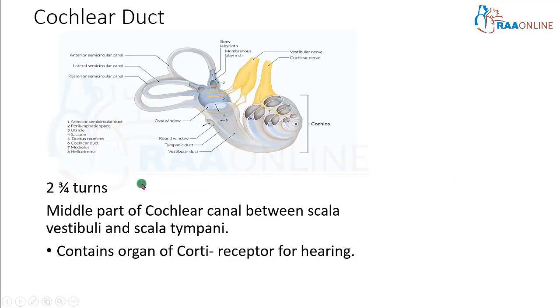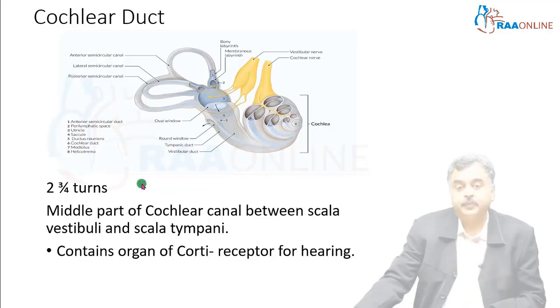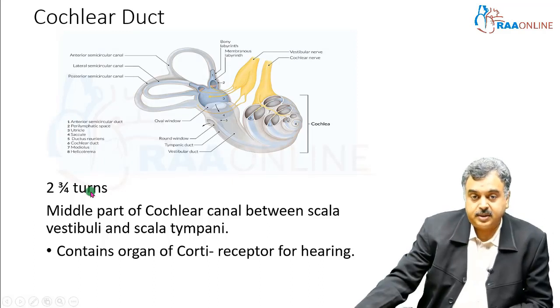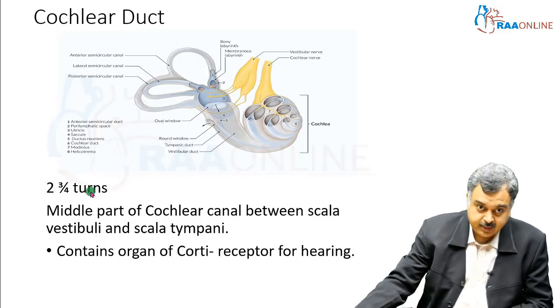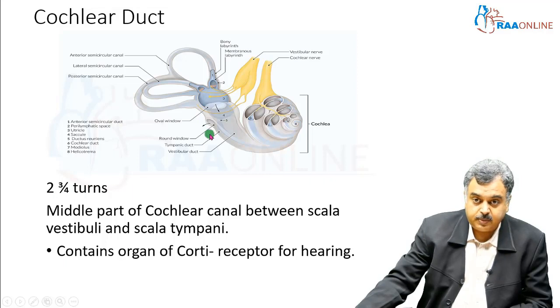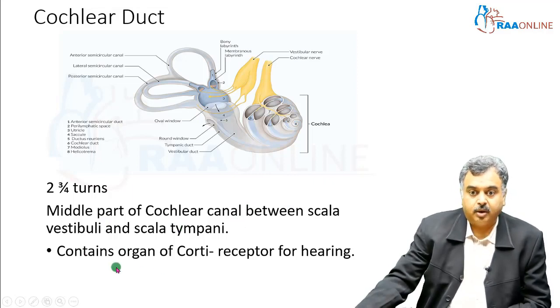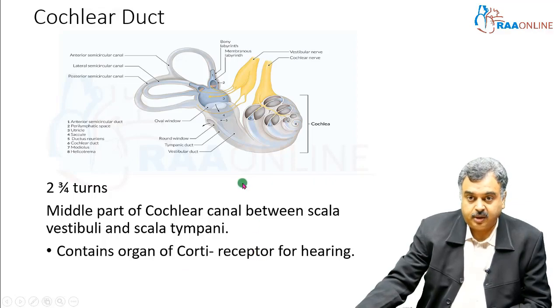The cochlear duct is a part of the membranous labyrinth. It is made of 2 and 3/4 turns and forms the middle part of the cochlear canal between the scala vestibuli and the scala tympani, and contains the organ of Corti, which is the receptor for hearing.